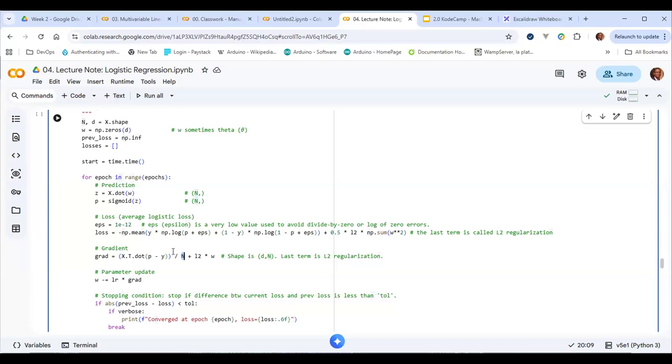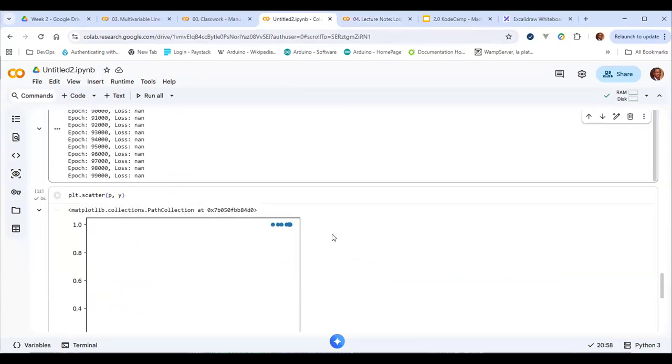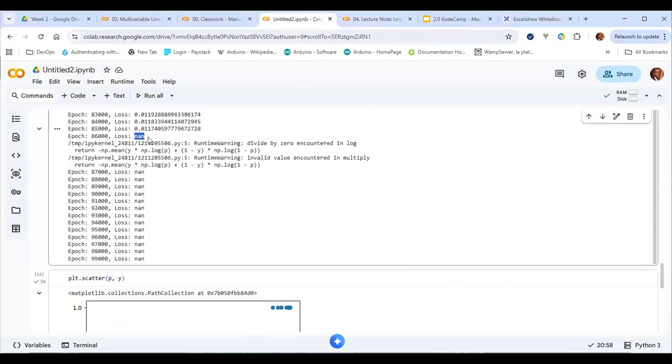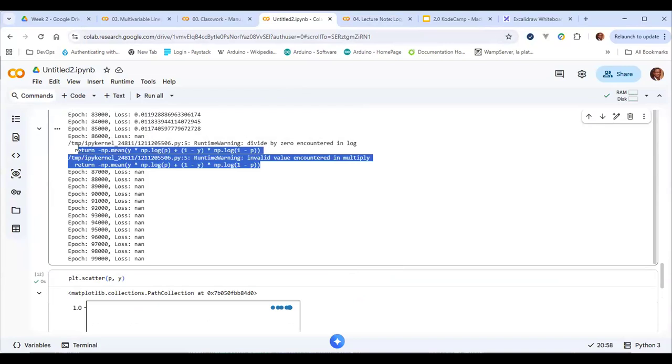So we could have also done mean or something. The loss is still the same thing. You see it's np dot mean of y times log of p. The epsilon again is to prevent division by 0 or log of 0, which can be problematic. If you see what we did here, I got nans because I got to 0 and started doing log of 0.